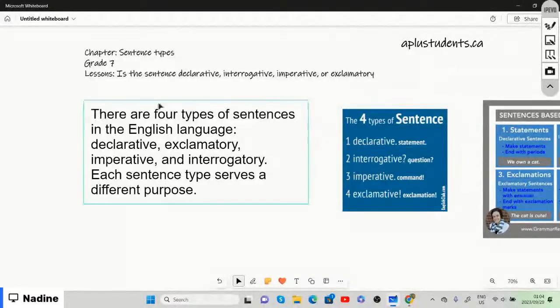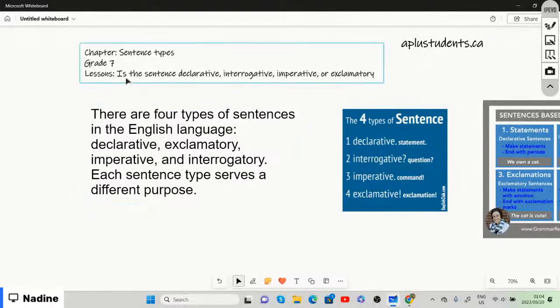All right, so when it comes to our sentence types, the lesson that we are focusing on today is: is the sentence declarative, interrogative, imperative, or exclamatory? That is going to be our focus lesson.